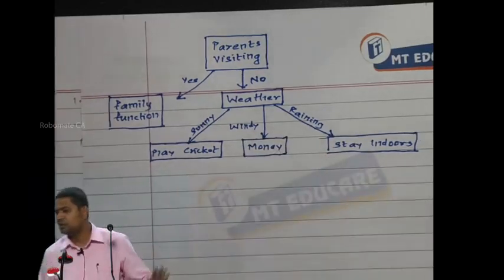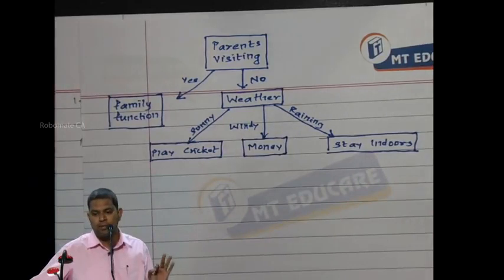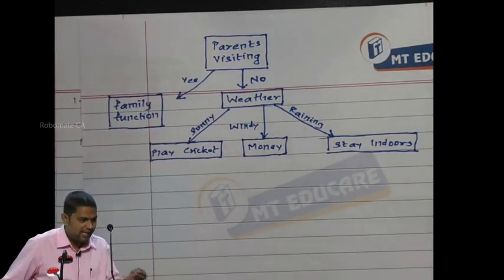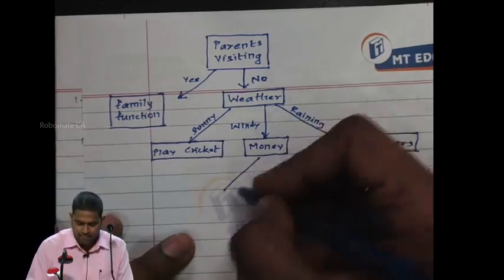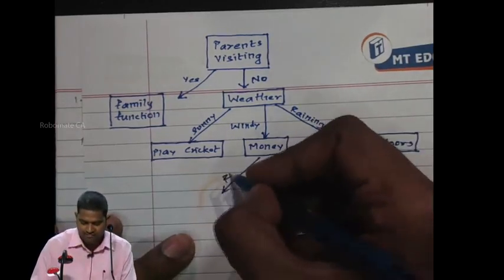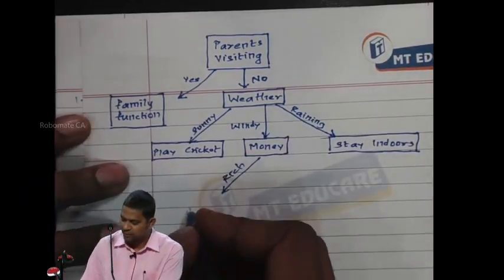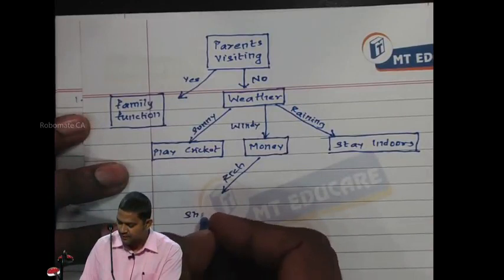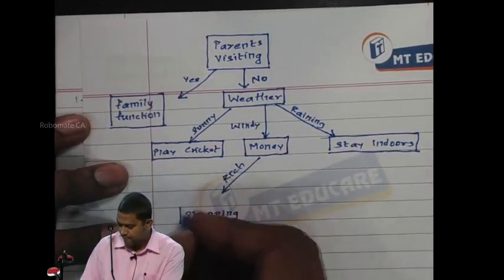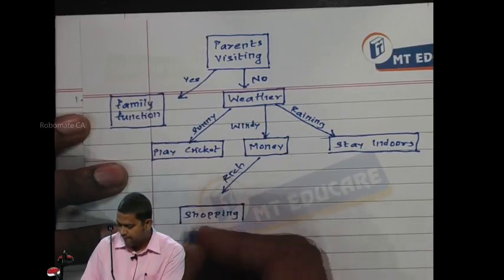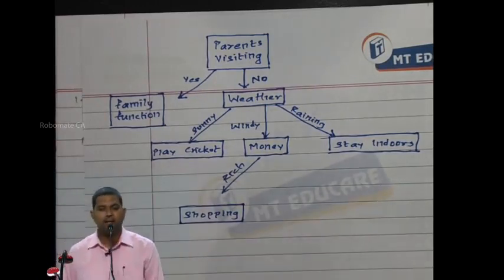Acha, listen. Whenever we are talking about money, he has the money, lesser money or more money. Suppose he has ample money with him. That means if he is rich, he will directly go for shopping and he will spend his money.